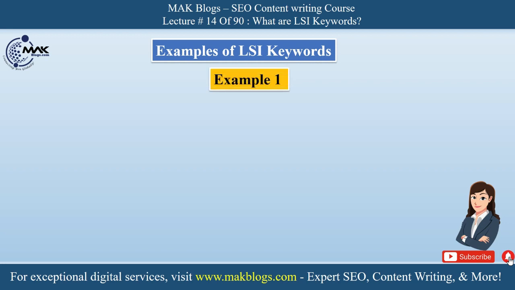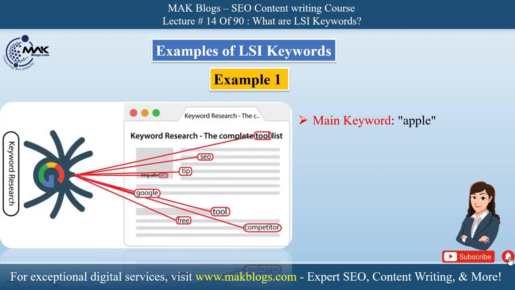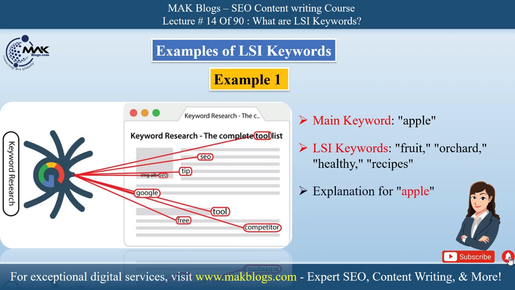Example 1. Here the main keyword is apple and the LSI keywords are fruit, orchard, healthy and recipes. When your main keyword is apple, LSI keywords like fruit help search engines understand that you are referring to the fruit and not to the technology company. Orchard is related to where apples are grown.